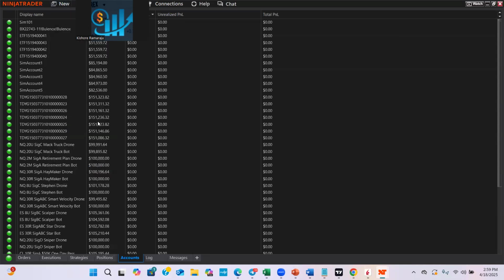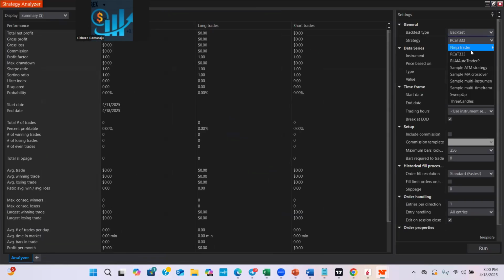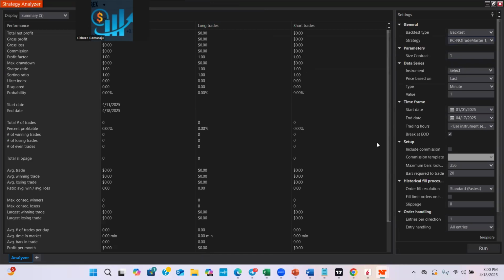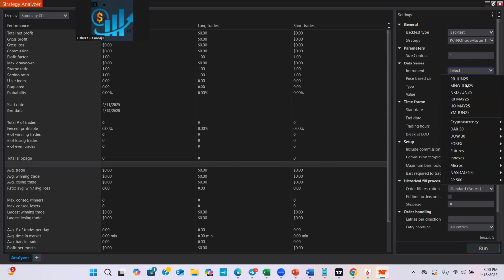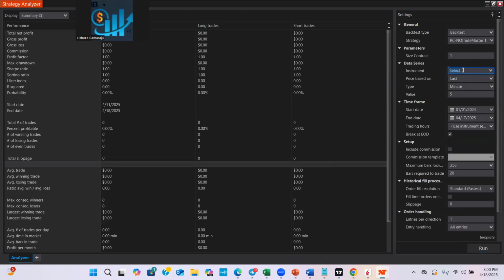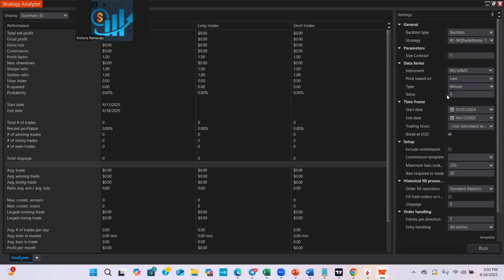Strategy analyzer. So we have to use only normal candles for backtesting.